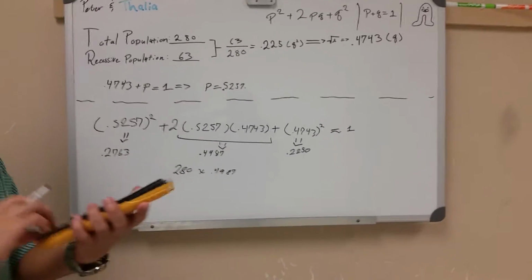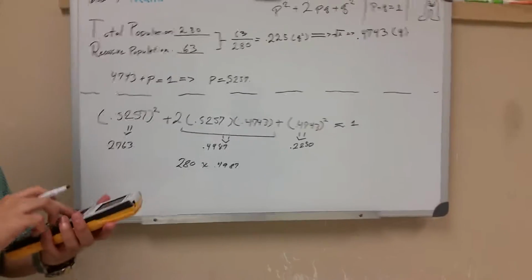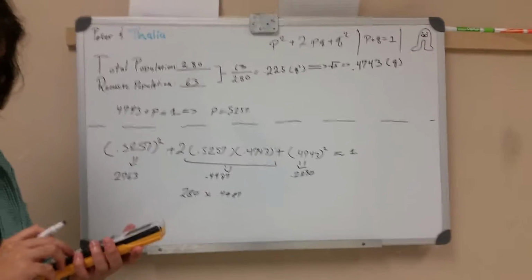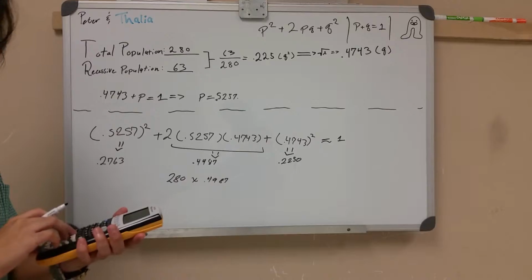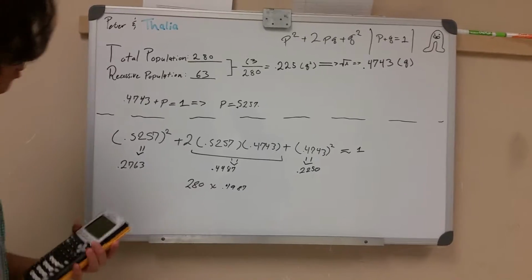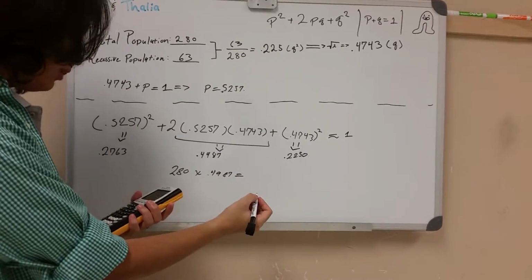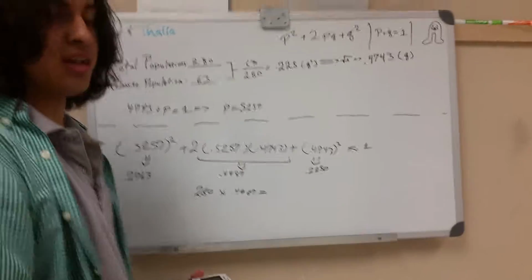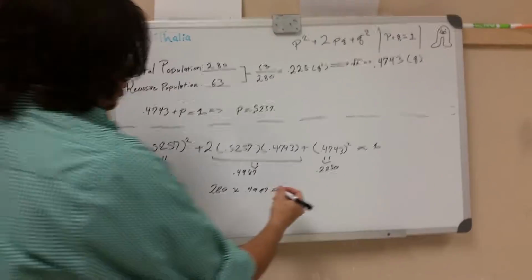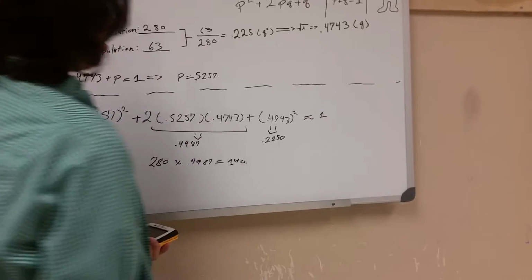We do that real quick. 280 times 0.4987. All right, so for homework 17.1, number 1A, that gives us a population of 139.63, but of course you can't have half an individual occur. So we simply round that up to 140.